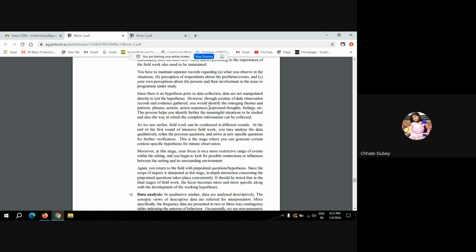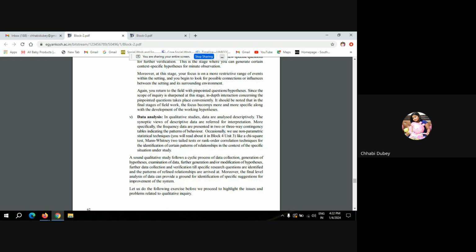Then we come to the next stage of data analysis. Now, in qualitative studies, data are usually analyzed descriptively, and the synoptic views of descriptive data are referred for interpretation. So we have to basically interpret the qualitative data that we have. More specifically, the frequency data are presented in two or three-way contingency tables indicating the patterns of behavior.